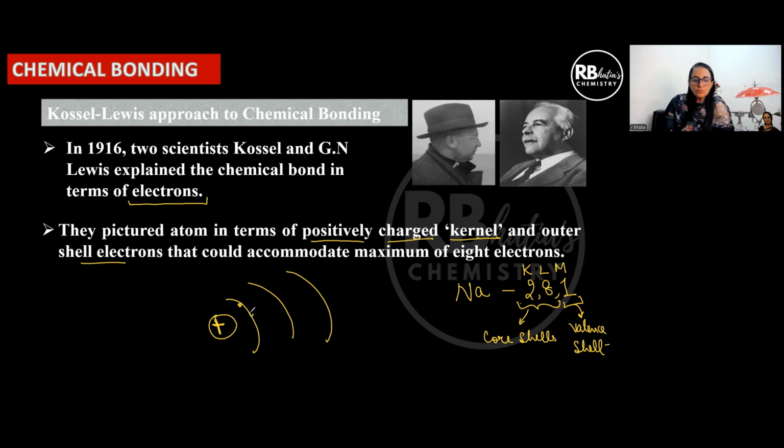So this is 2 electrons. Here, let us say there are 8 electrons and 1 electron. So the nucleus plus the core electrons is going to be called the kernel. And this shell is the valence shell.